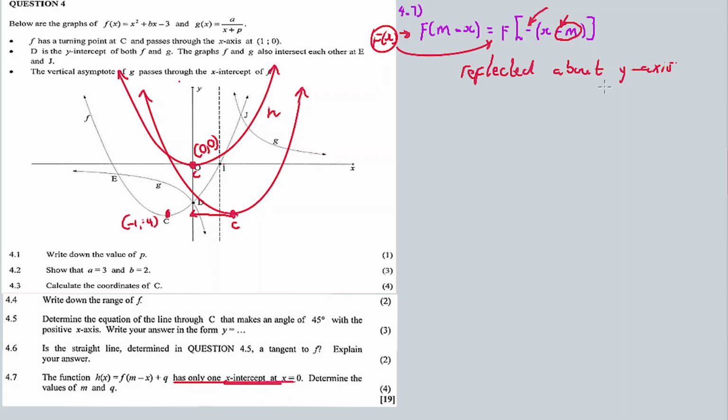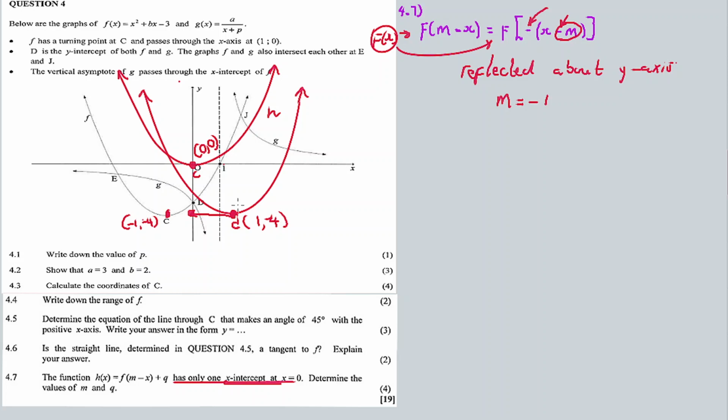So reflection about the y-axis, point C becomes +1 and -4, right? So point C we shift to the left by 1 unit. So it means that m will be equal to -1. I'm shifting it 1 unit to the left.